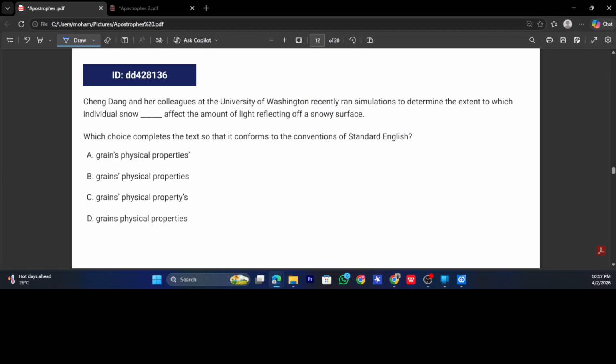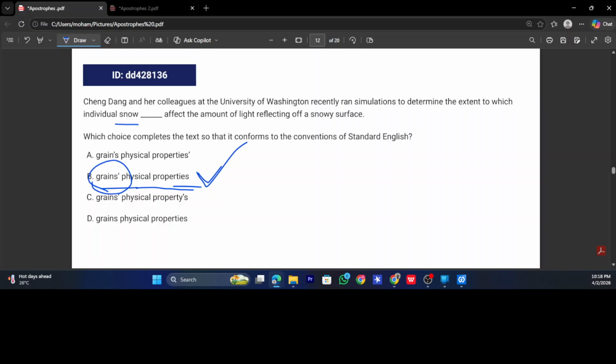Okay, here is our next question, snow games. So A should be the correct answer because the plural possessive noun games and the plural noun protagonist currently indicate that the simulation involves multiple snow games, and thus snow games had several properties.